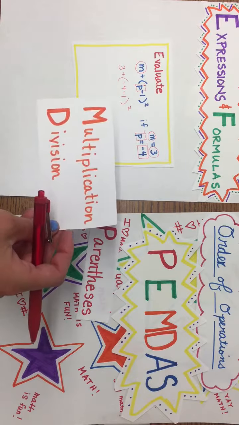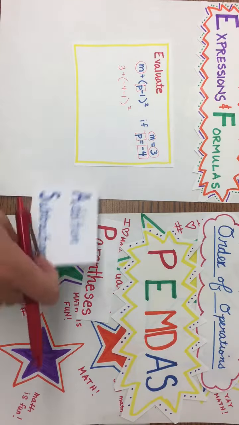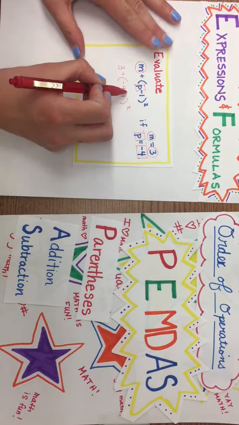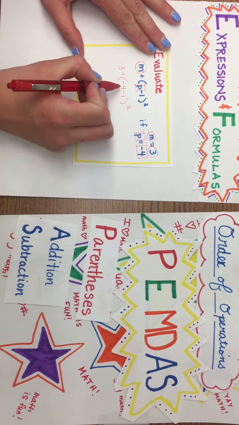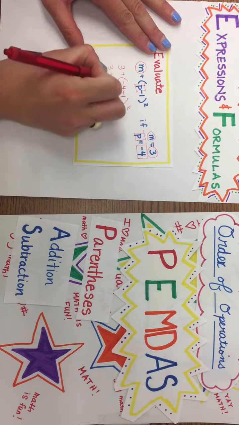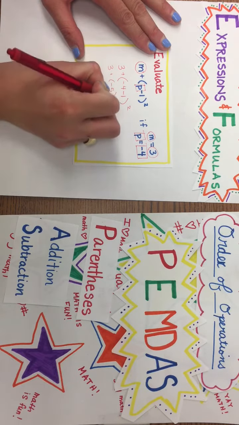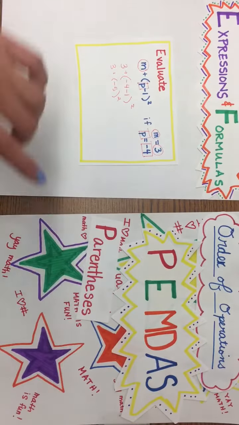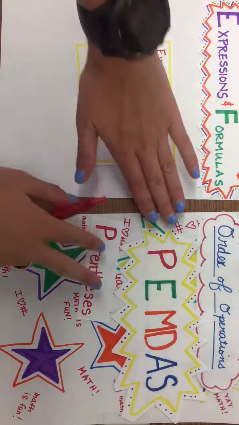There's no multiplication or division inside my parentheses, but there is addition and subtraction inside my parentheses. So I am going to subtract 1 from negative 4. Negative 4 minus 1 is negative 5. So I will replace negative 4 minus 1 with negative 5. So I have now finished parentheses.